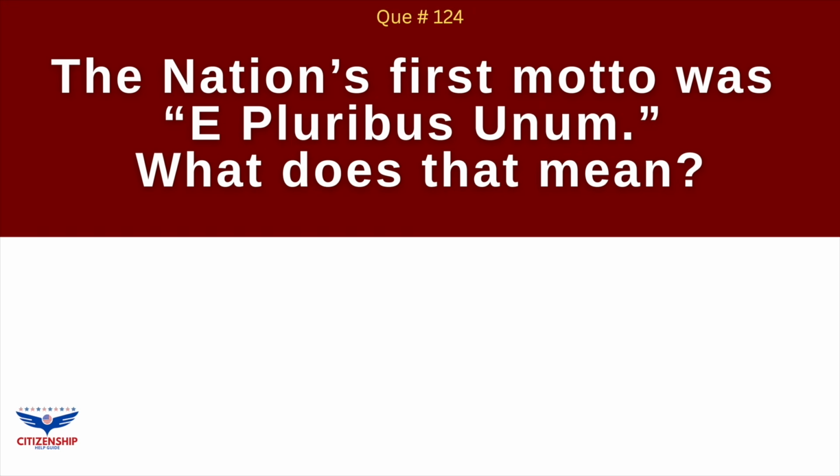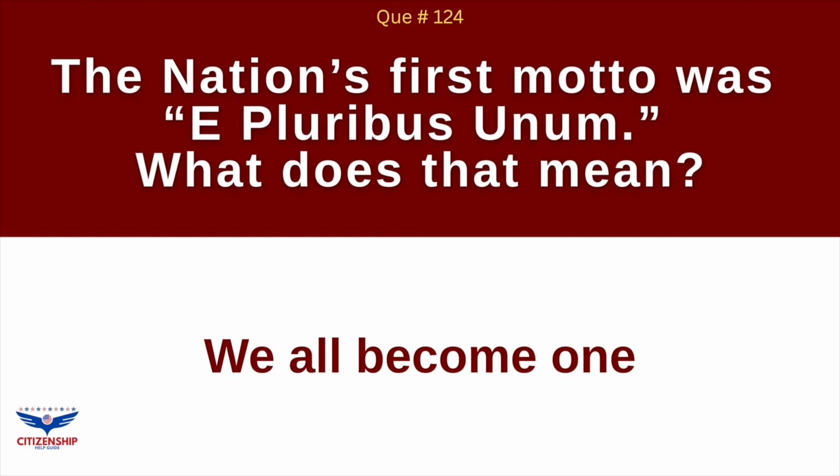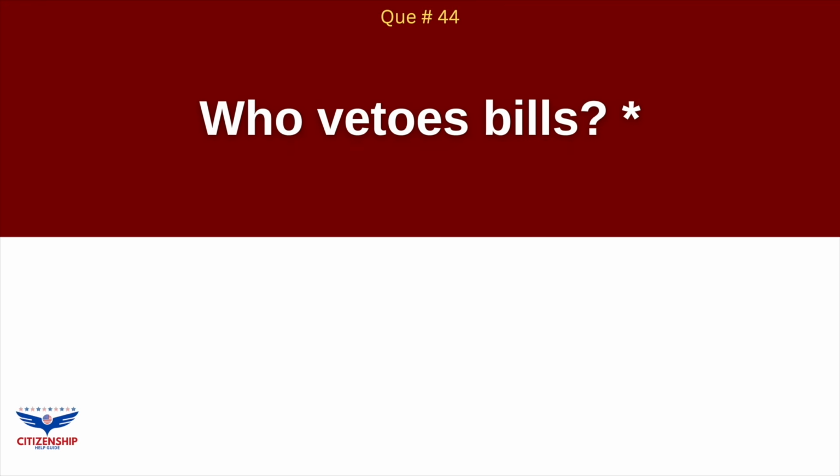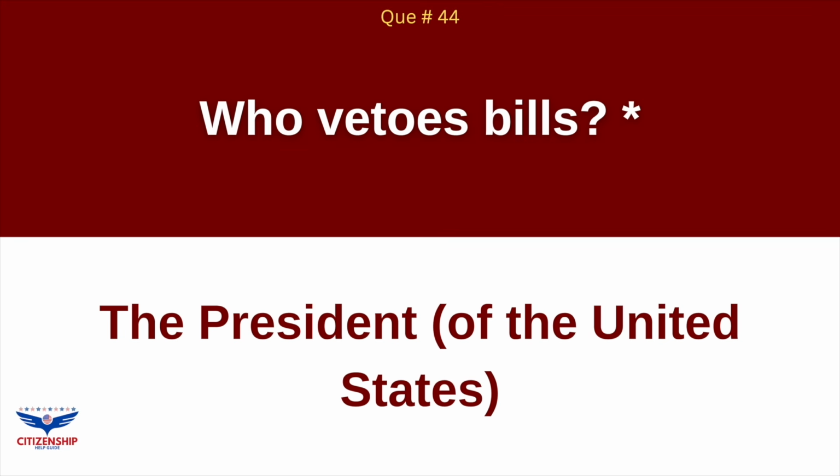The nation's first motto was E pluribus unum. What does that mean? We all become one. Who vetoes bills? The President of the United States.